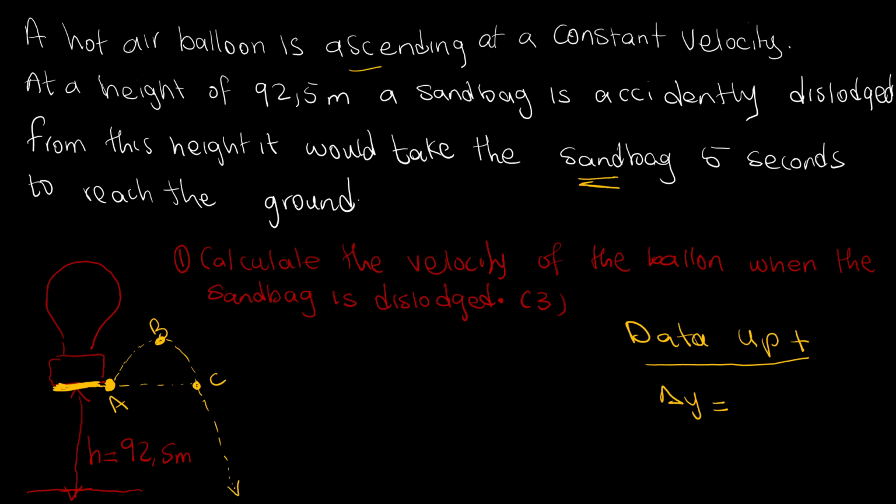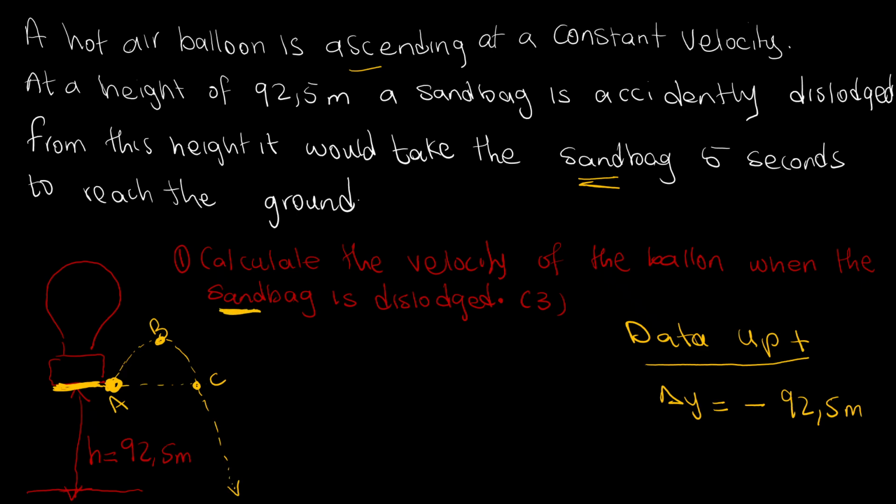Remember the sandbag is moving downwards, so the displacement will be negative because the object is moving downward, and we take up as positive because we are trying to calculate the initial velocity of the sandbag.